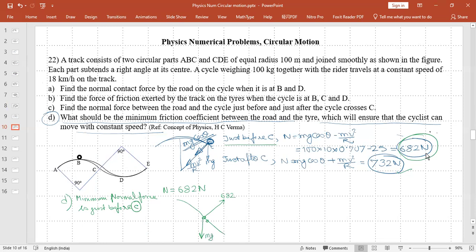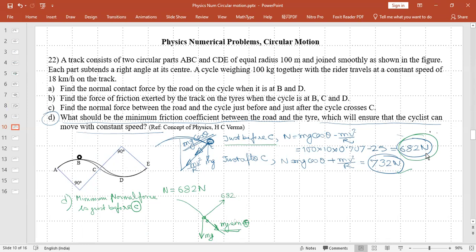And the slipping force downward is mg sine 45, or mg sine theta. Therefore, the slipping force here is mg sine theta.